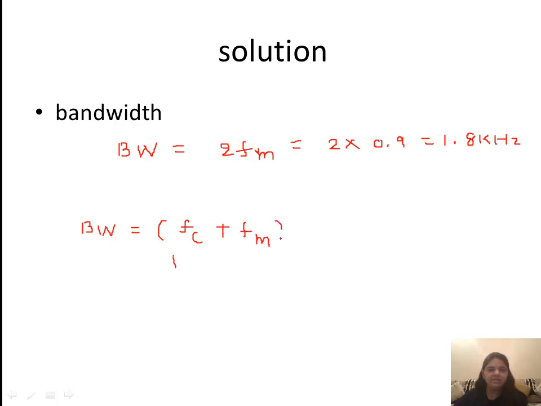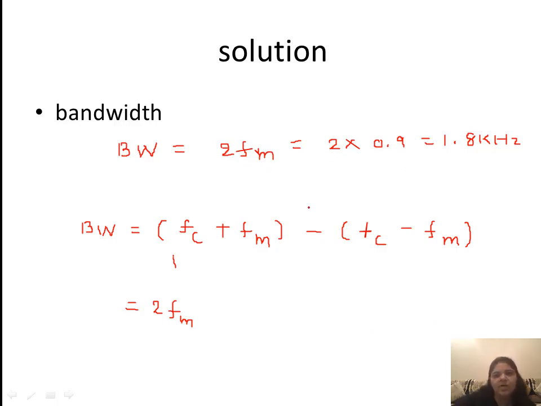So Fc minus Fc cancels, and Fm plus Fm remains. We can keep in mind that the bandwidth for the AM wave is twice Fm. We can put in the value of Fm and find the value of the bandwidth.